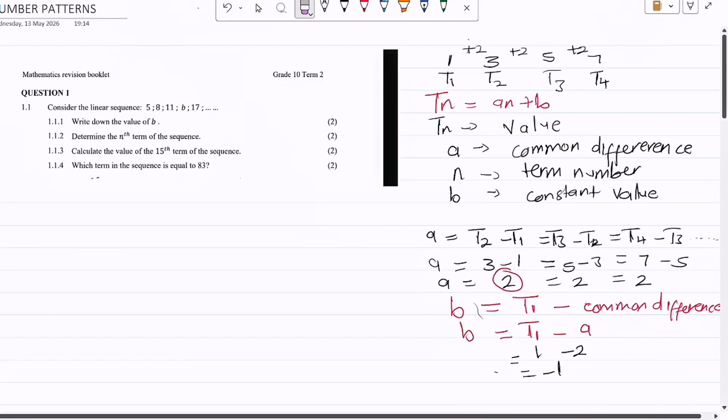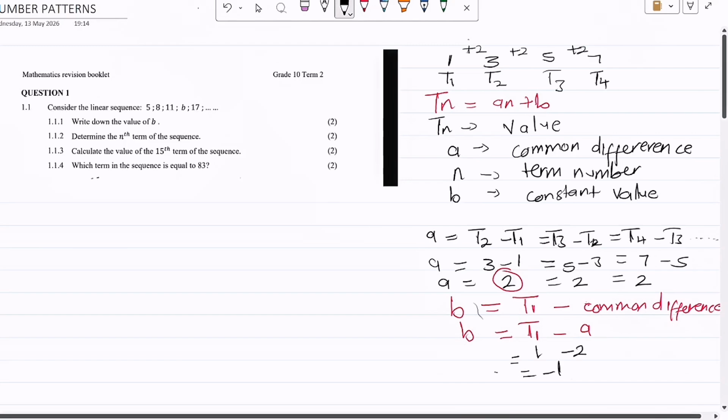Consider the linear sequence 5, 8, 11, b, 17, and going forward. Write down the value of b. Before you start looking at the questions, you can just find the little things to see how your pattern is going.